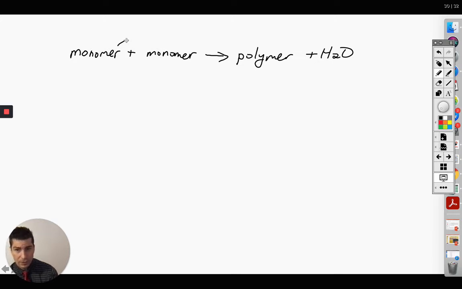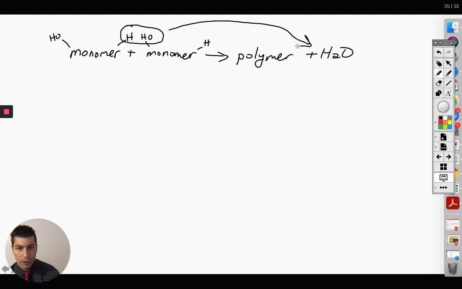Well, because on this monomer and this monomer, we are going to have side groups that are OH or HO, however you want to say it, hydroxyl group. And then we have a hydrogen on the other side. These two right here are going to combine to form our water.